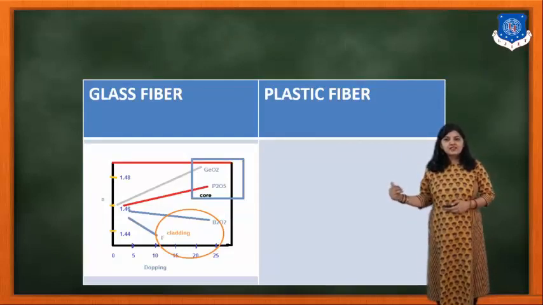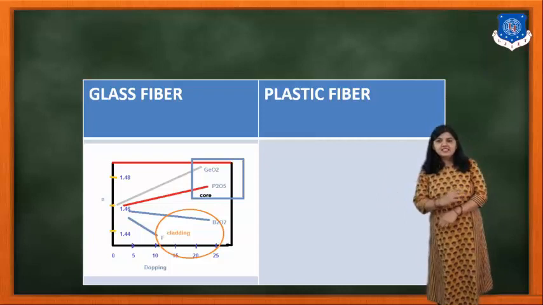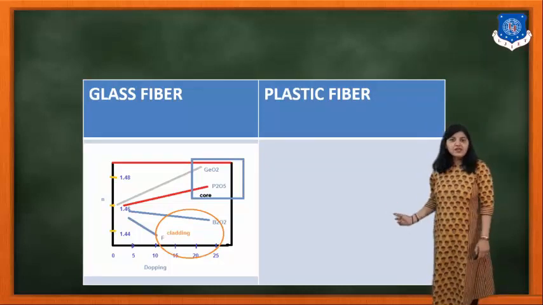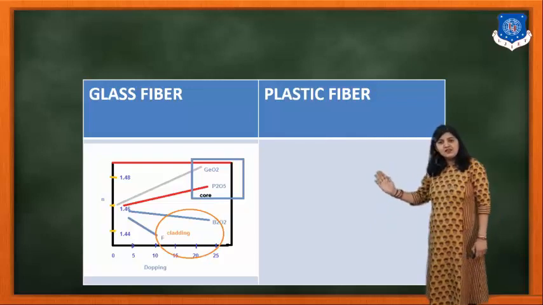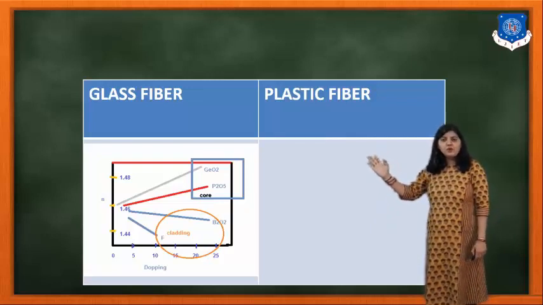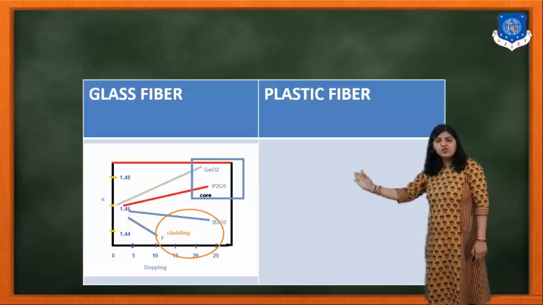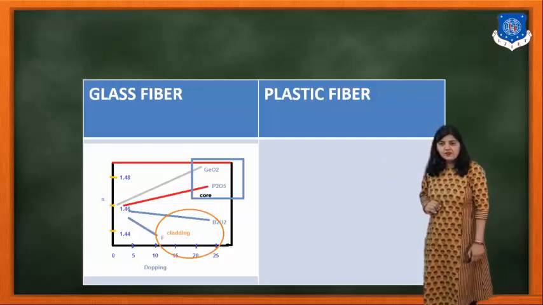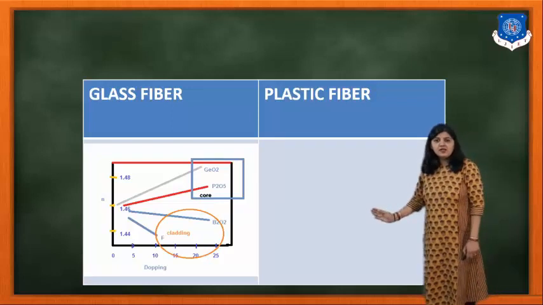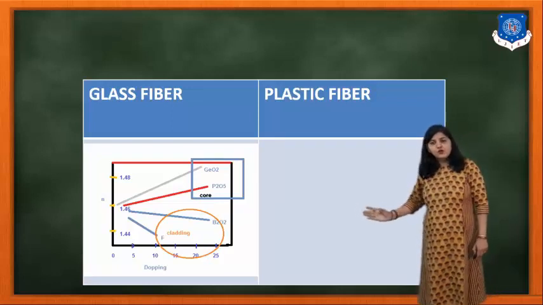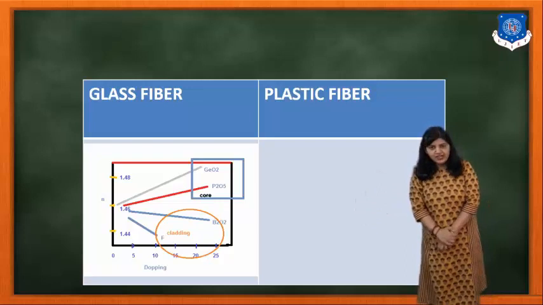Here you can see that a variety of refractive indices are given to you and the various dopant materials that can be used. So by using the core material, we can achieve a refractive index like 1.46. Over here again it is shown the other materials that can be used to obtain the refractive index.